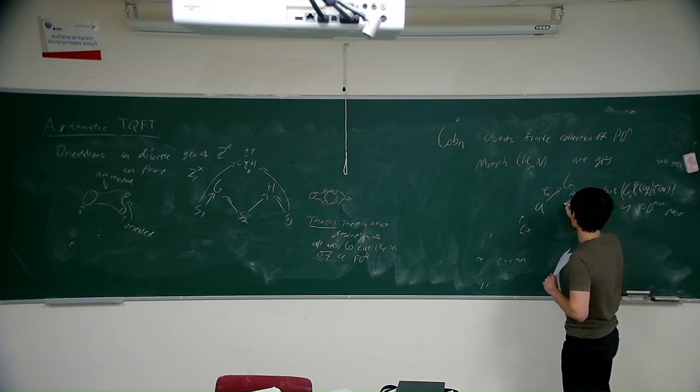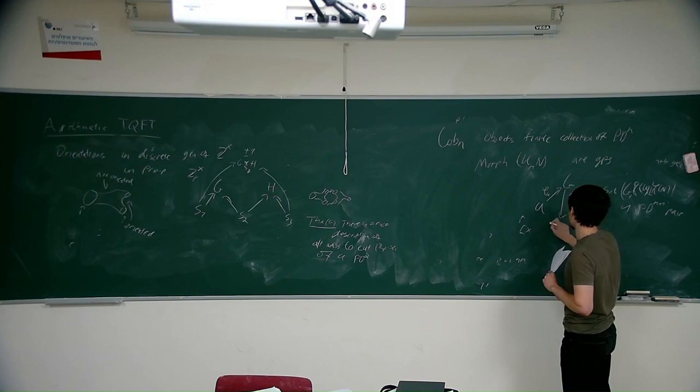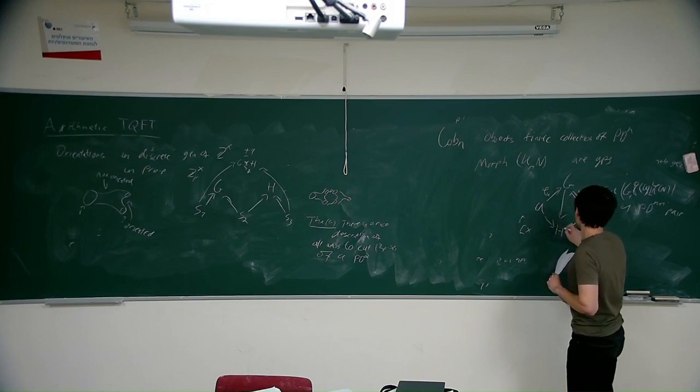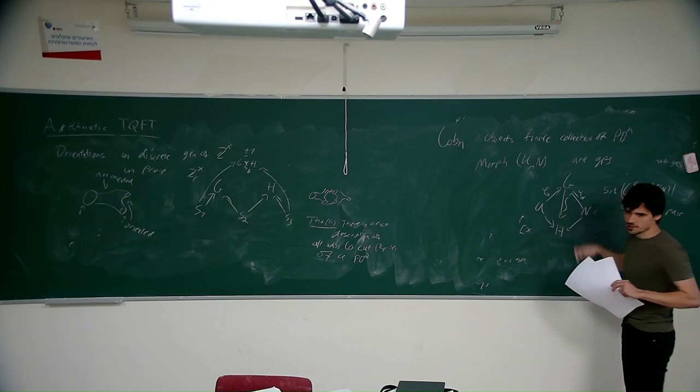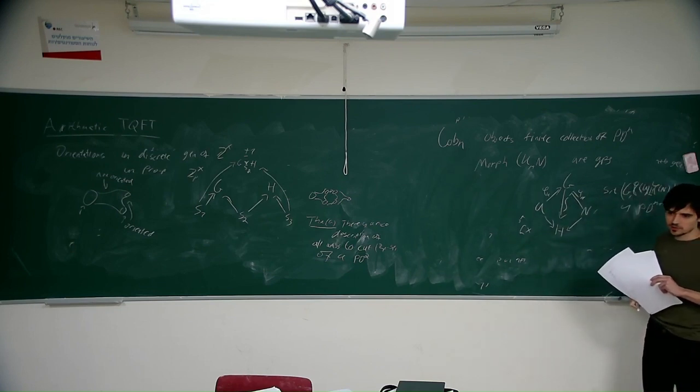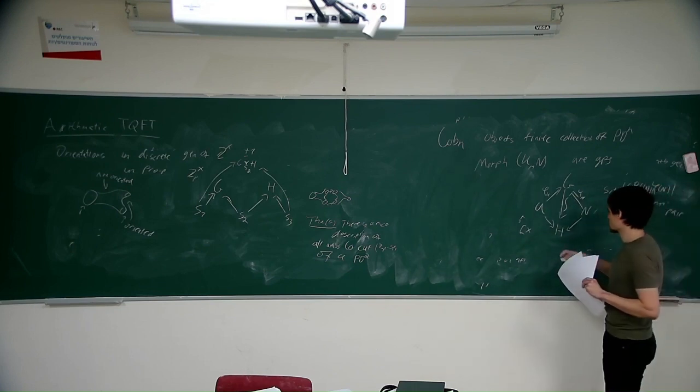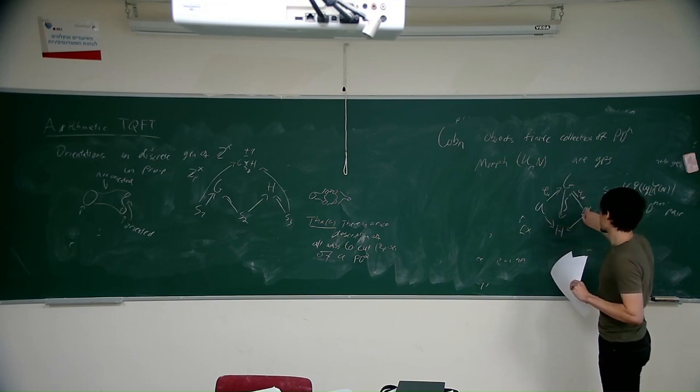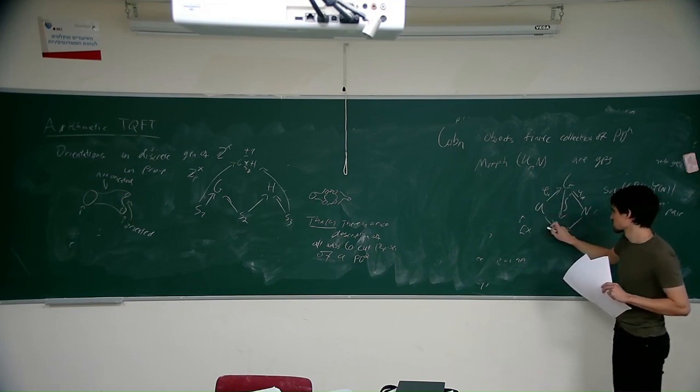And these morphisms are defined up to equivalence, where the equivalence is if I have another group and an isomorphism making this thing commutative, then I say that this morphism is equivalent to this morphism.